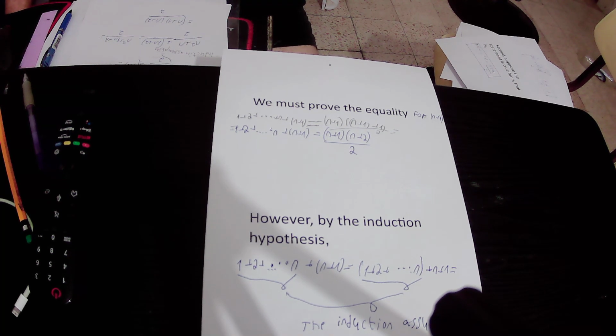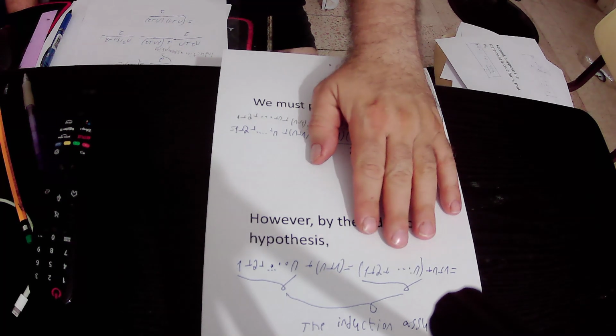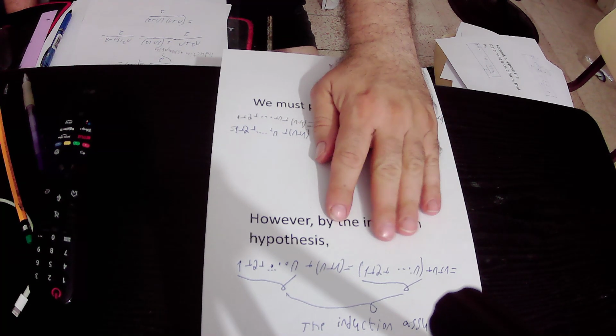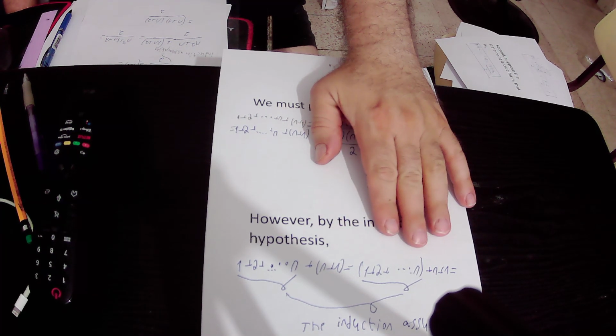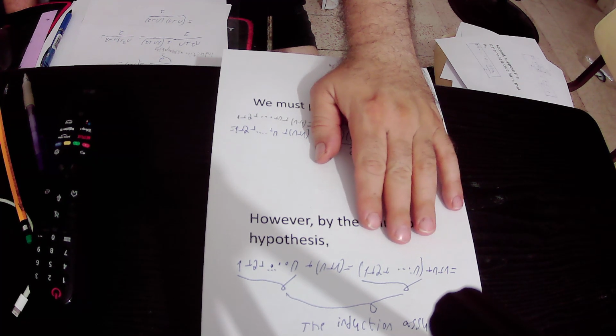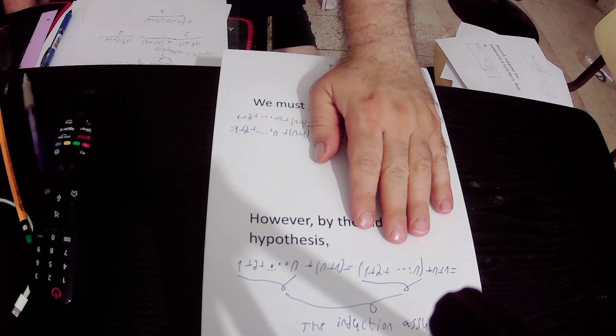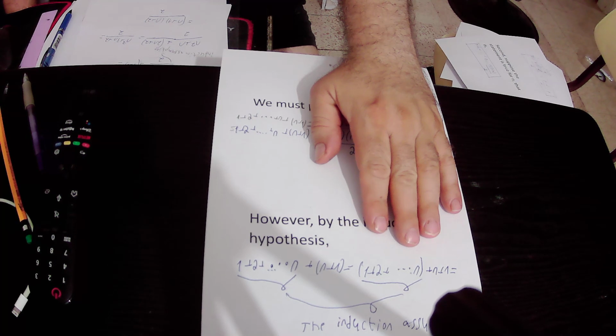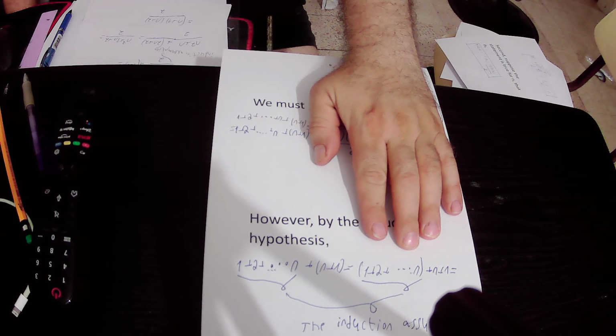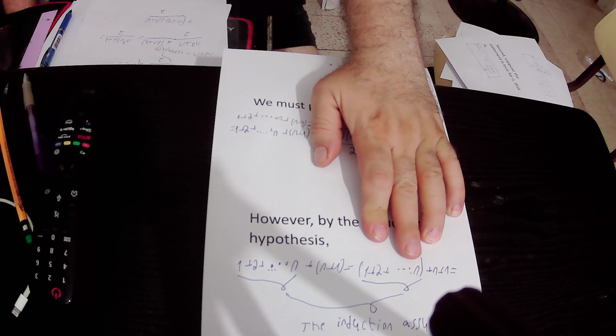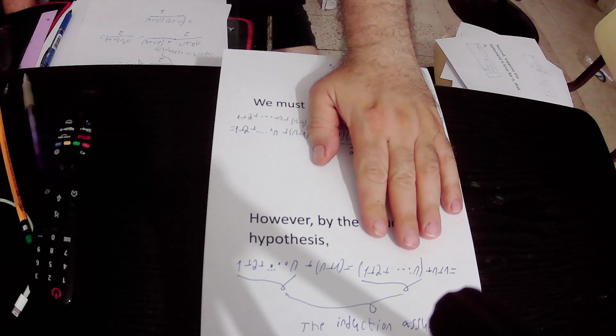By the induction hypothesis, we can write, instead, we assumed that this expression equals n times n plus 1 divided by 2, okay?